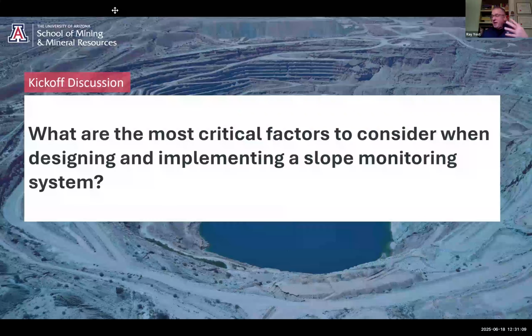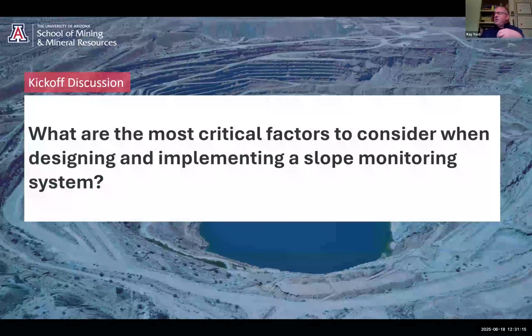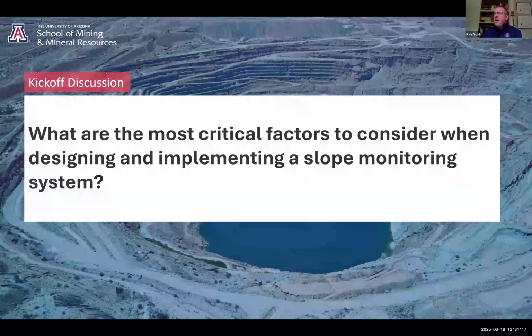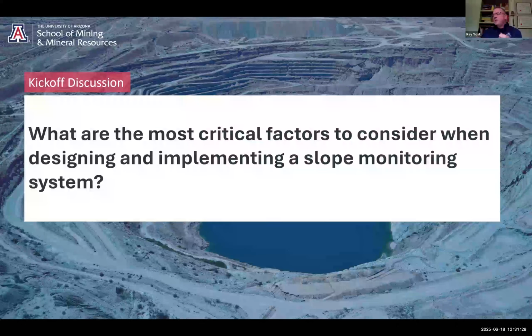So a lot of it is understanding what you need to monitor. And sometimes you don't need the most sophisticated advanced technology to monitor it. I was just out at a project site building extensometers by banging two pegs into the ground, and that's going to be fine. We don't need a radar. We don't need all this other stuff. We actually can't put it there. Sometimes some of these older techniques are equally applicable.